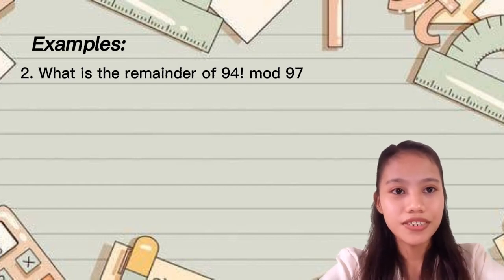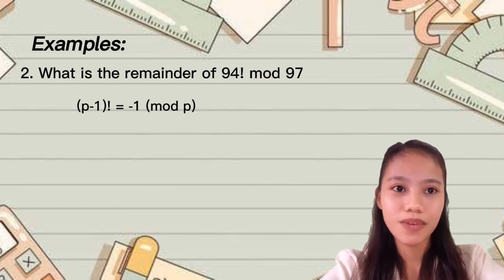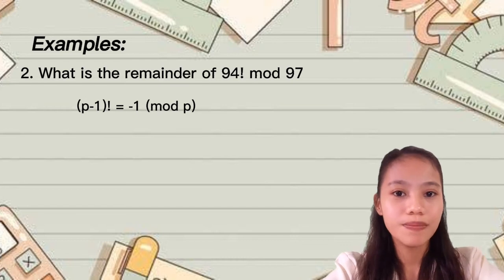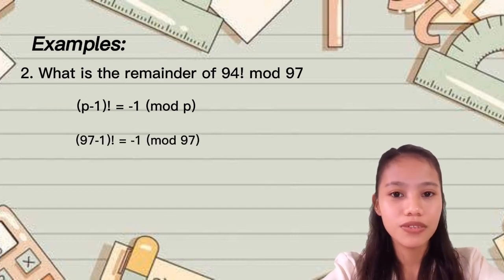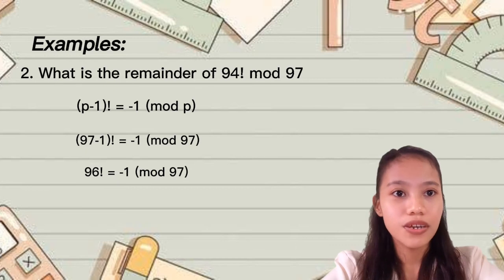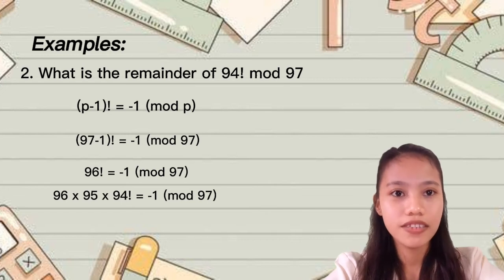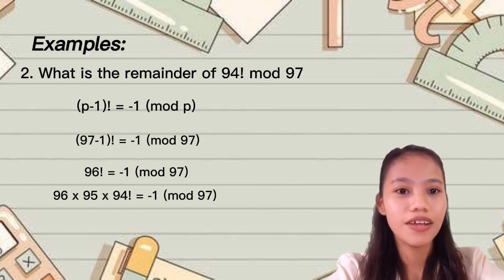Like we did in our first example, write first our formula, which is (p minus 1) factorial is equal to negative 1 modulo p. Substitute. So it will become (97 minus 1) factorial is equal to negative 1 modulo 97. Since we are looking for 94 factorial, it will become 96 times 95 times 94 factorial is equal to negative 1 modulo 97.